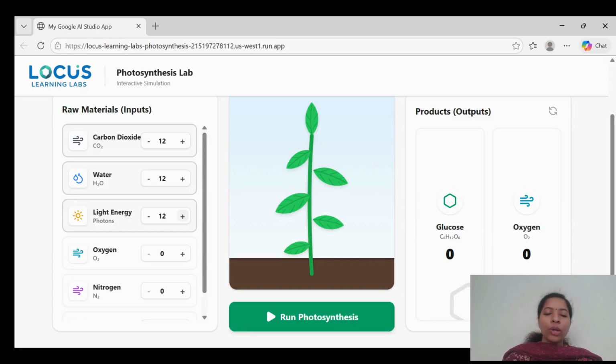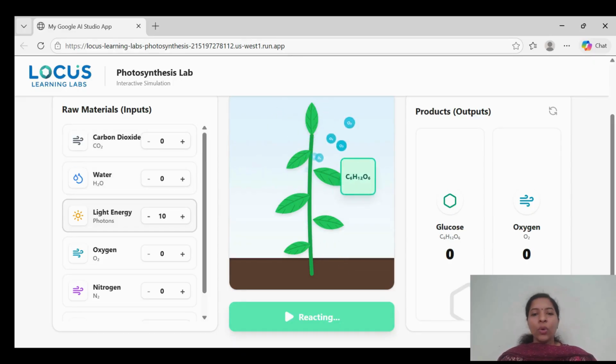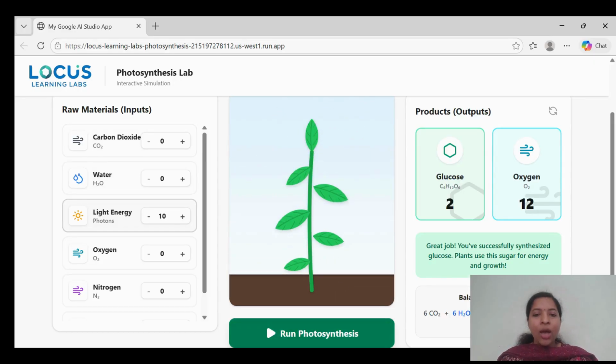Running photosynthesis. The chemical reaction is happening. We got two glucose molecules because we gave double the carbon dioxide: instead of six, 12 carbon dioxide molecules. So we got two molecules of glucose and 12 molecules of oxygen. Like this, with the help of simulation, it is very easy to understand different processes which you feel are difficult, right?